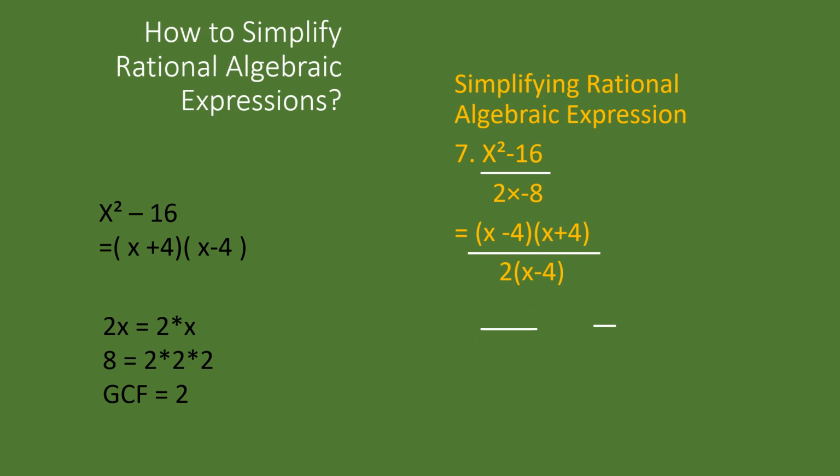So now you can cancel this and this one. So what is left now is x plus 4 over 2. Or you can separate this: x divided by 2, 4 divided by 2. And that is x divided by 2 plus 2 because 4 divided by 2 is 2.